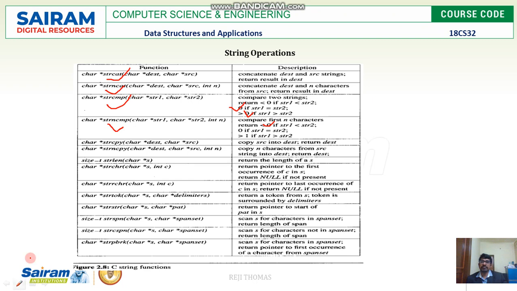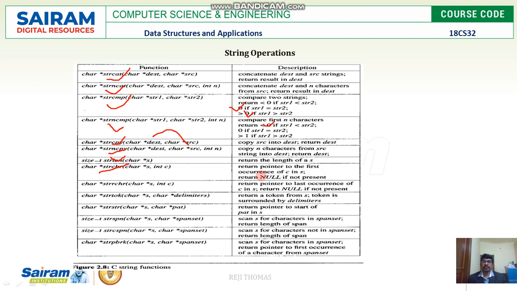Next is strcpy, which is going to copy from source to destination. We have strncpy, which is going to copy n characters from source to destination. Next is strlen, a function which is going to give you the number of characters in a given string.